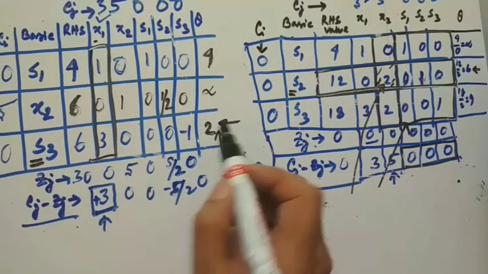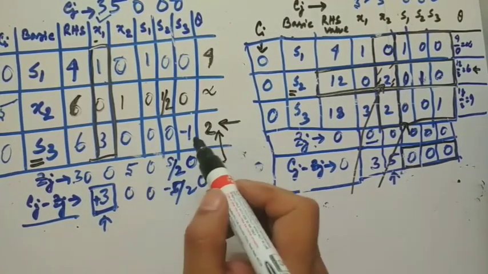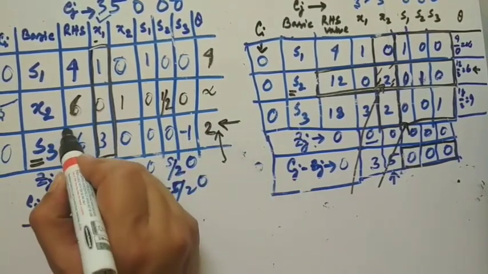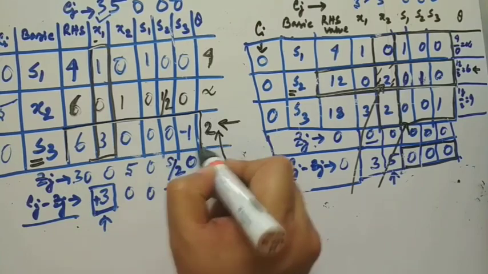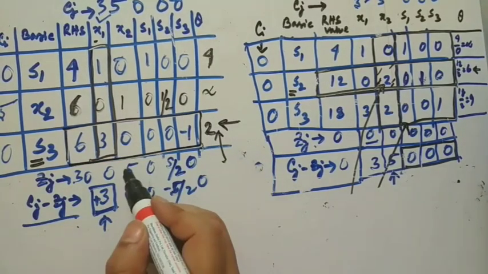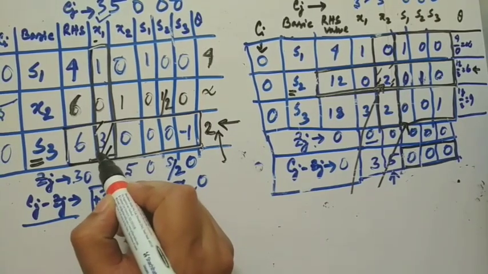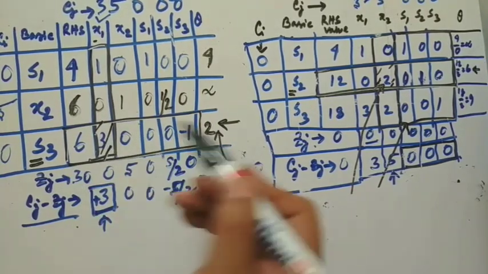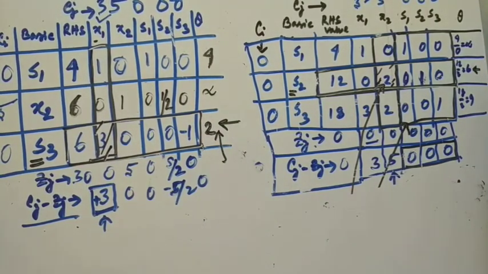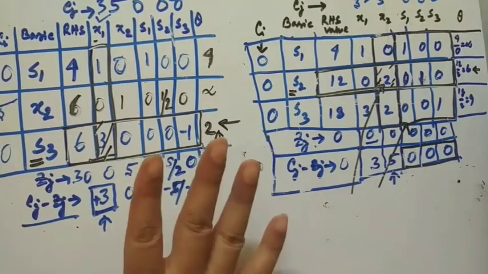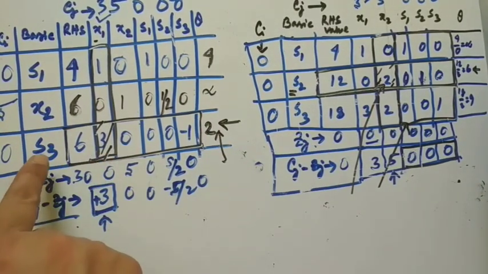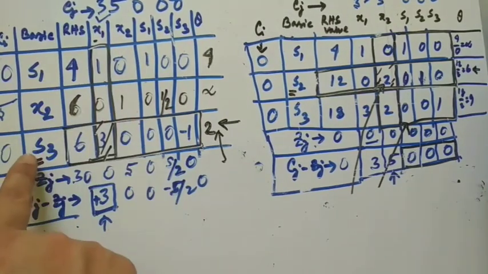Okay. Now for this one again, this is your key row, and pivot element is this one. Okay. That is the 3 is the pivot element. Okay. So next for constructing next table, we have to again follow the same rule. That is, for constructing this particular row, here it will come as X1, as because it is the leaving one, and X1 is the entering one.